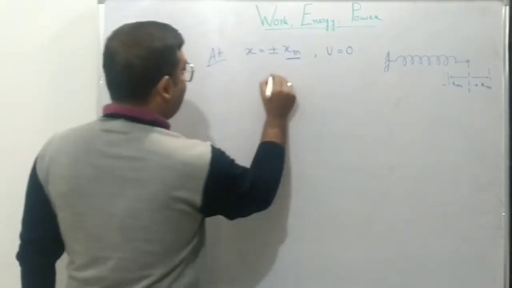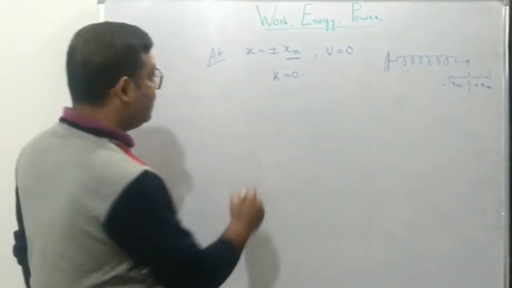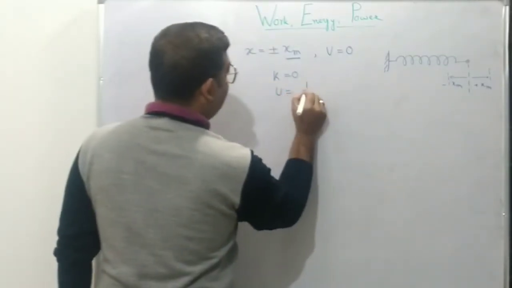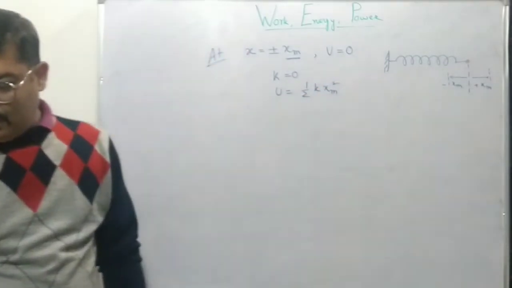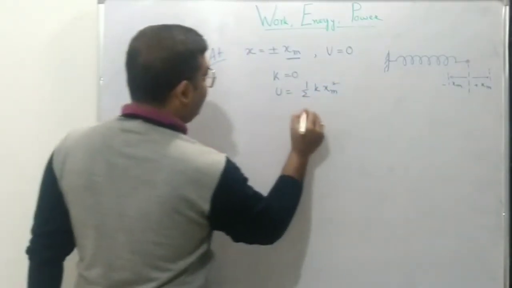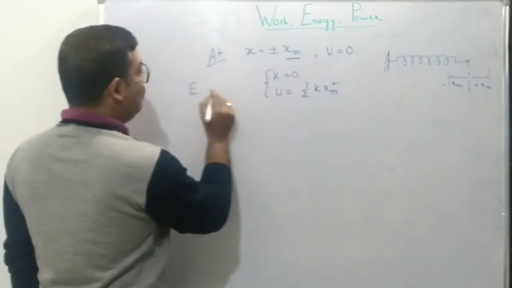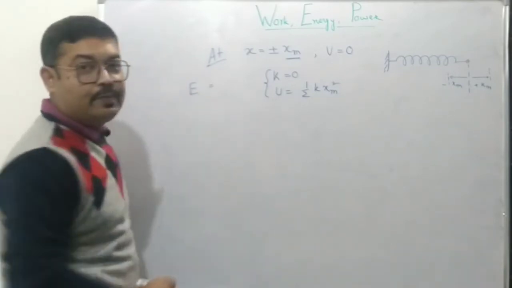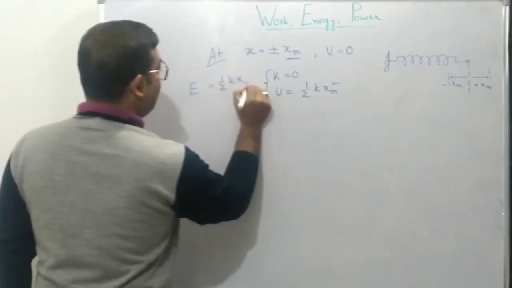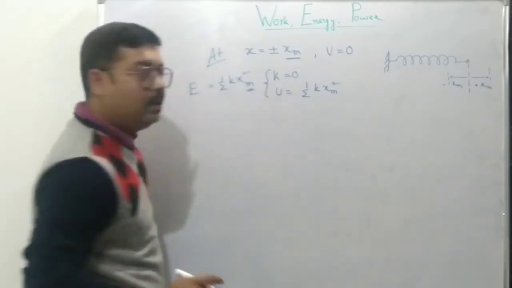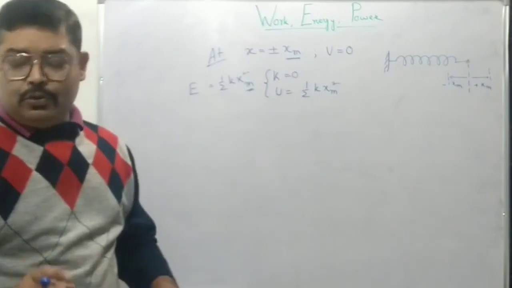So the kinetic energy will be 0, and the potential energy we have just found is equal to half k xm squared, which means that the total energy E, which is K plus U, will be equal to half k xm squared.